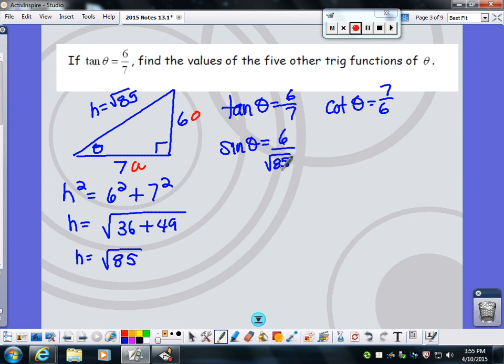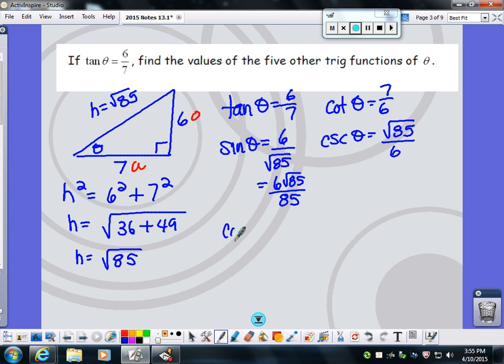We should rationalize that, so that's going to be 6 square root of 85 over 85. We want the cosecant of theta, which is the reciprocal of sine, so that's the square root of 85 over 6.